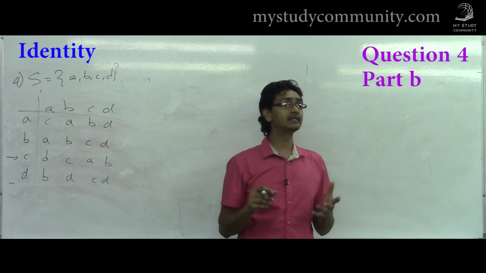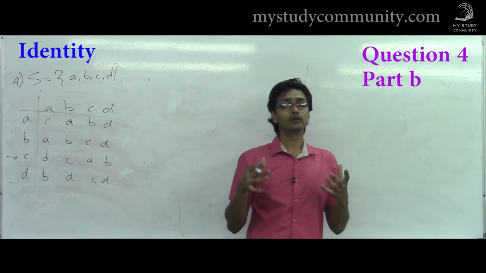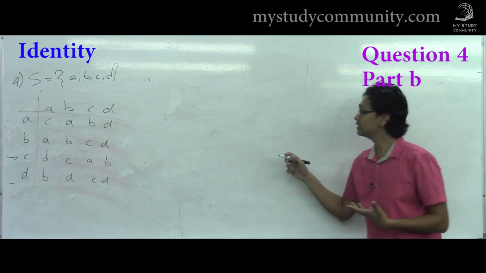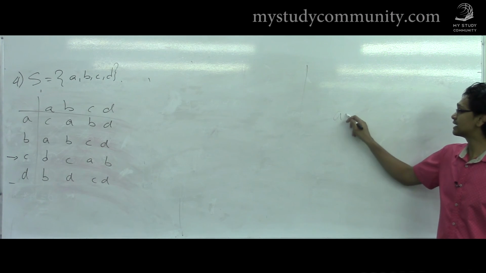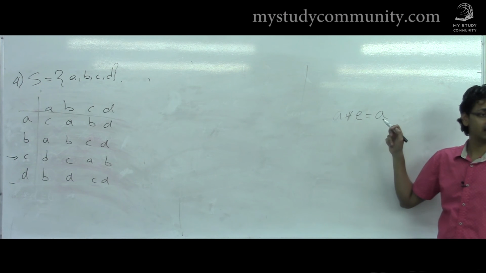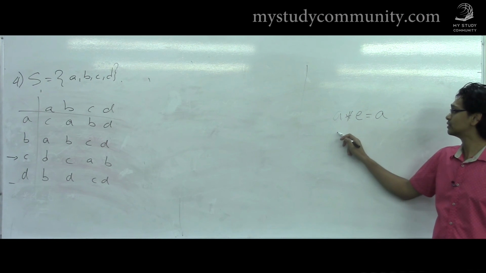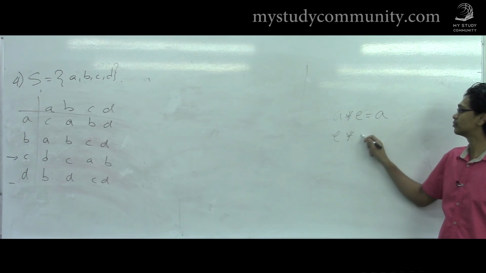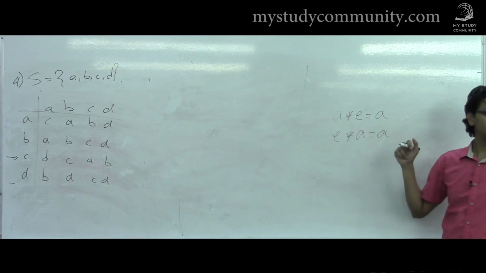Right, so now we come to identity elements. We go back with our main equation for the identity element, which is an element by the identity element gives me back the element, or the identity element by an element gives me back the element.